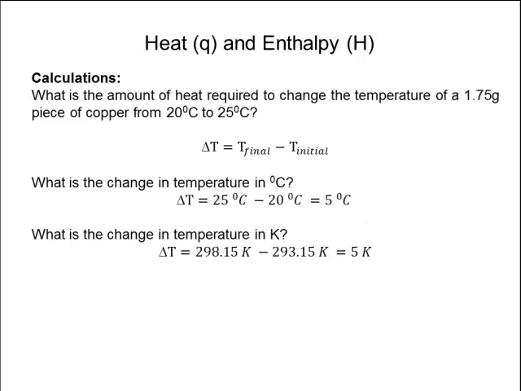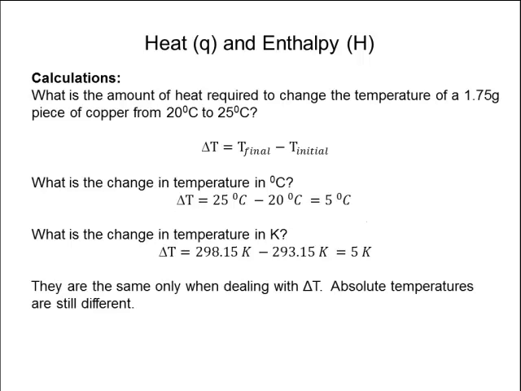And notice, my 5 degrees Celsius and 5 Kelvin, the delta T values are the same. Even though the individual temperature values are different when I go from degrees Celsius to Kelvin, the delta T is the same. So with delta T, we can calculate it for degrees Celsius or for Kelvin, and it's going to be the same value. That's only when we're doing it with delta T, and it's only for degrees Celsius and Kelvin.